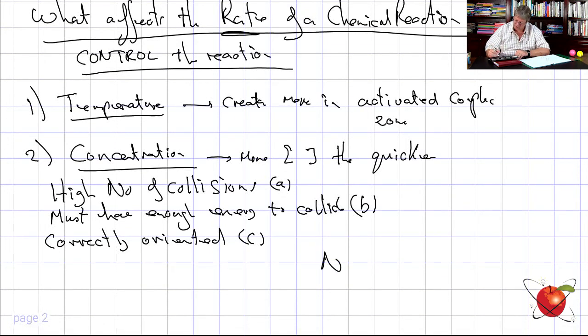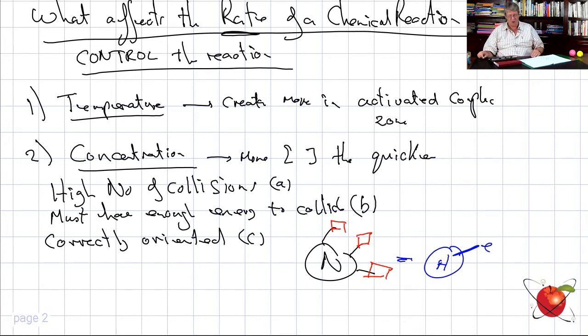Okay, here's my nitrogen. Okay, there is my 3 parking spots. I've always used red. Okay, there they are. Okay, now I need a hydrogen to come along. Okay, there's my H. But now, if it comes along and this electron is sticking out there and they collide, it's not going to work.